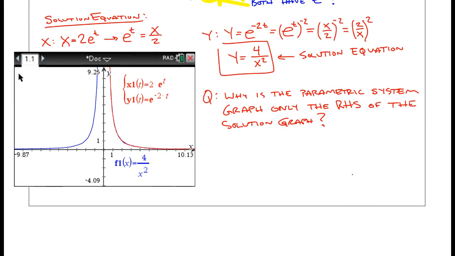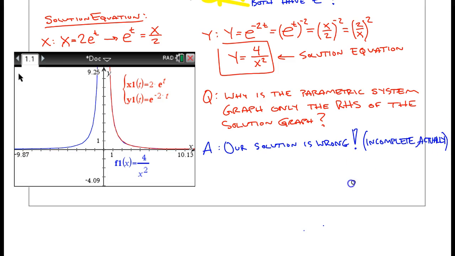Well, here's the answer, folks. Our solution must be wrong. It's actually incomplete. Okay, so I'm stating that our solution is wrong, but it's actually not wrong.